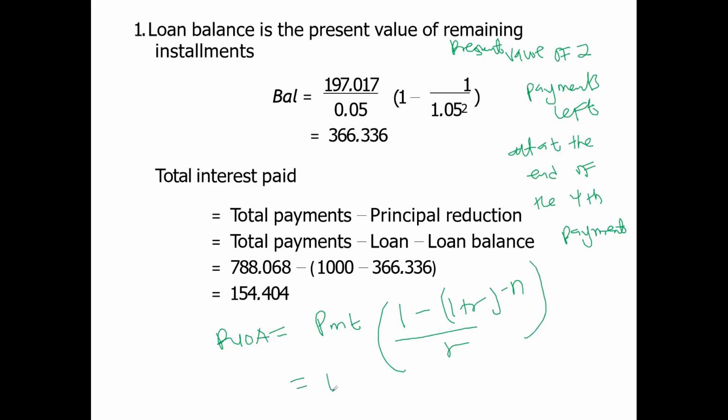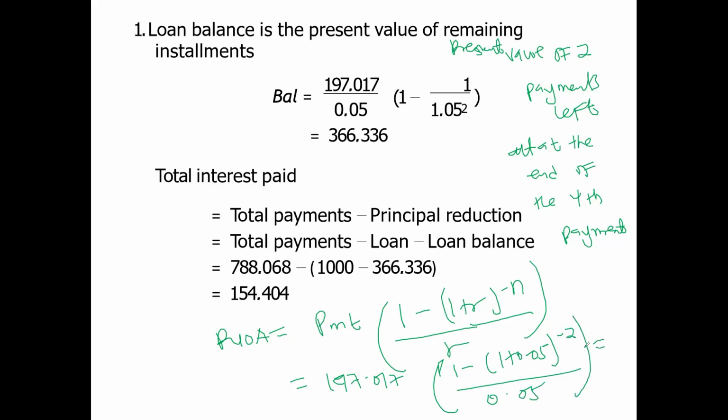So the payment left was 197.017 into bracket 1 minus, remember we are using an interest rate of 5% because we divided it by 2. So 1 plus 0.05 raised to minus 2, because there are two payments, all over 0.05.